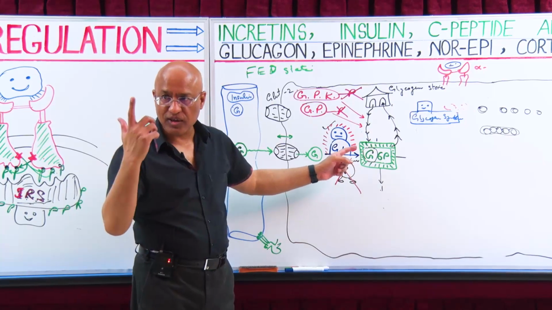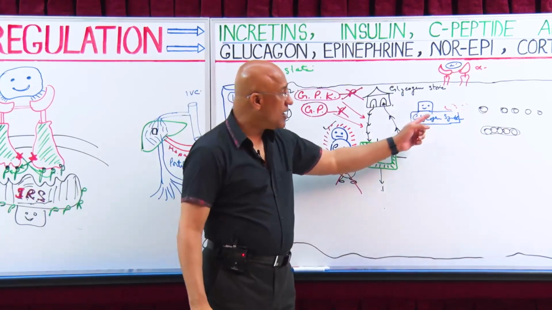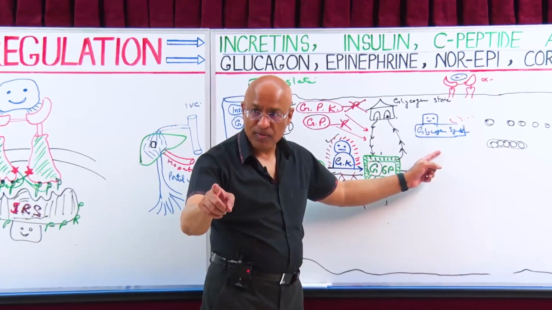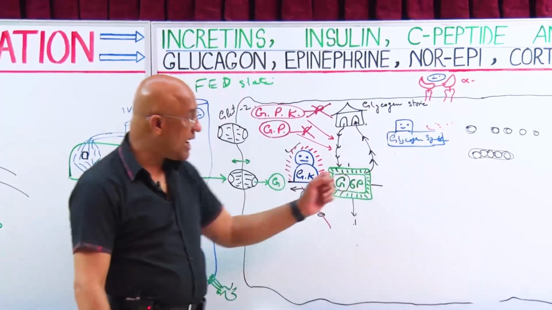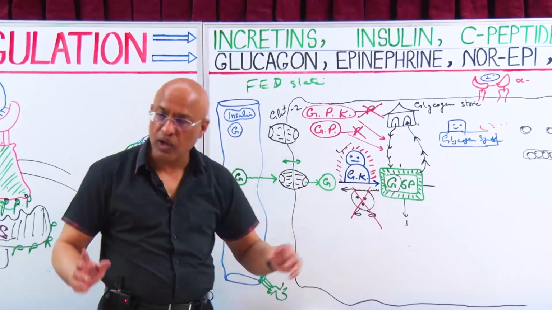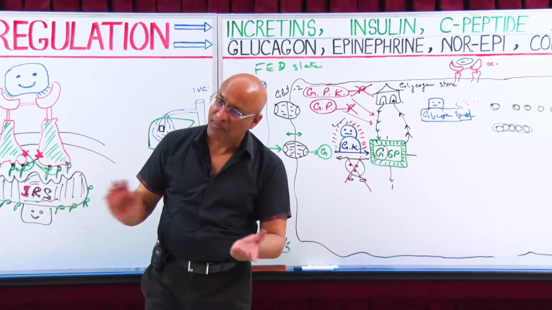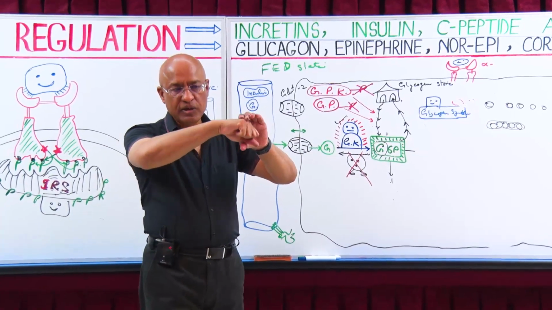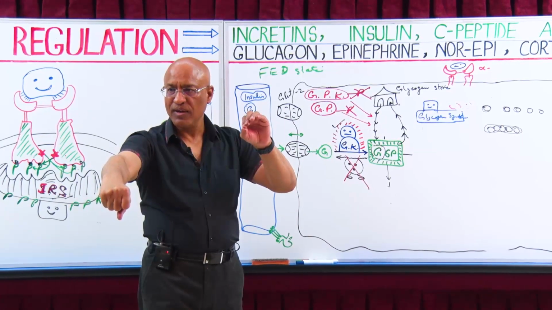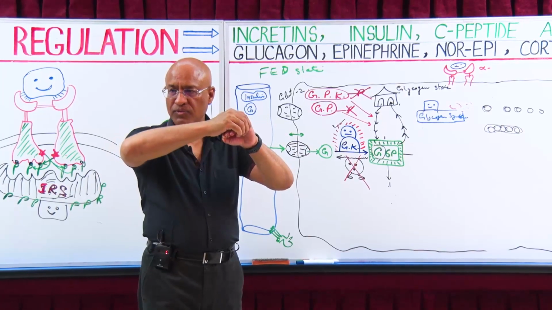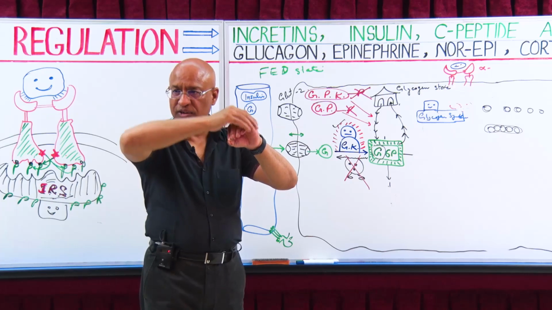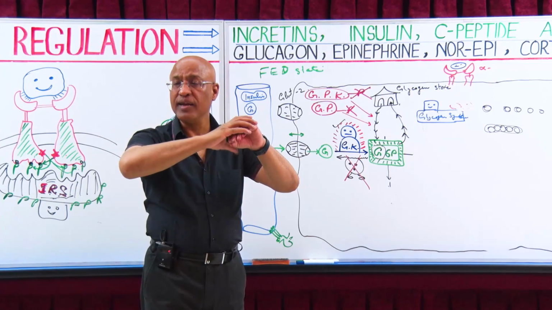But the beauty is that to stimulate this, it should be dephosphorylated, and to inhibit these, they should also be dephosphorylated. Some enzymes, when dephosphorylated, become active, and some enzymes, with phosphate on top, become inactive in the dephosphorylated state.